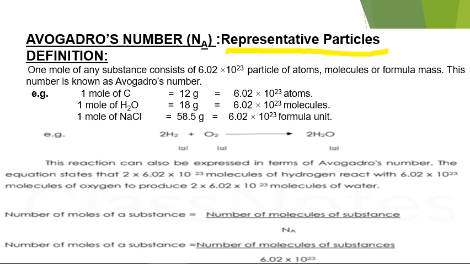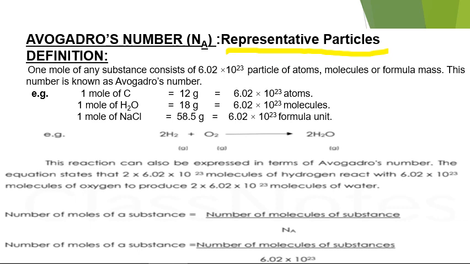The numerical value of this Avogadro's number is 6.02 into 10 to the power 23. 1 mole of any substance at STP carries the number of atoms or molecules or formula units or ions that is equal to 6.02 into 10 to the power 23.